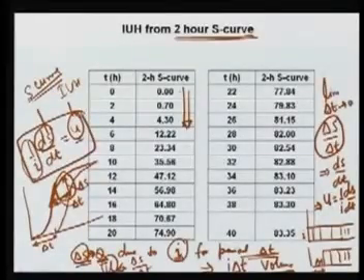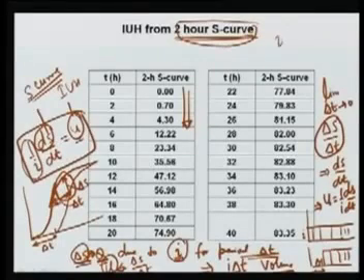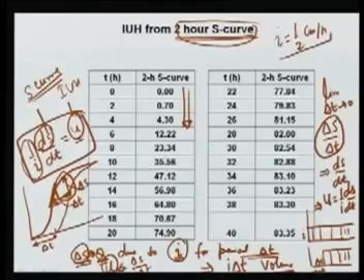So once we derive a 2-hour S curve, we can obtain the slope of the S curve at any point divided by the intensity. In this case, since it is a 2-hour S curve, I will be 1 by 2 centimeter per hour.